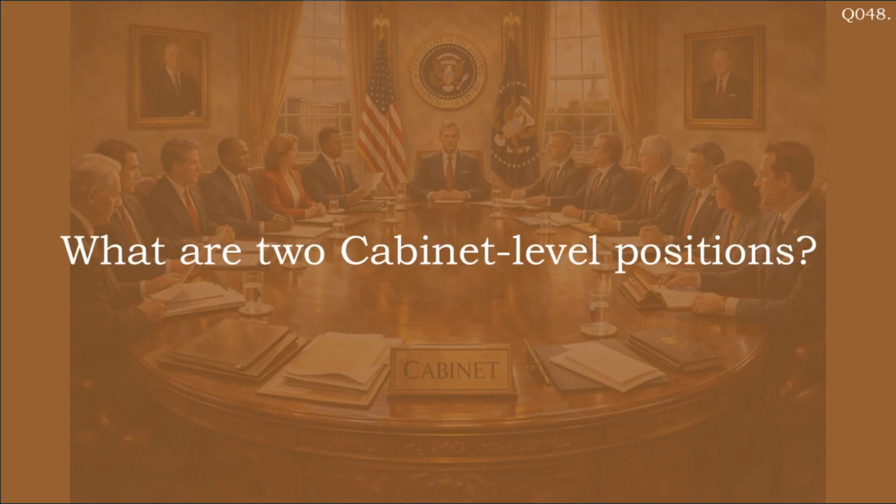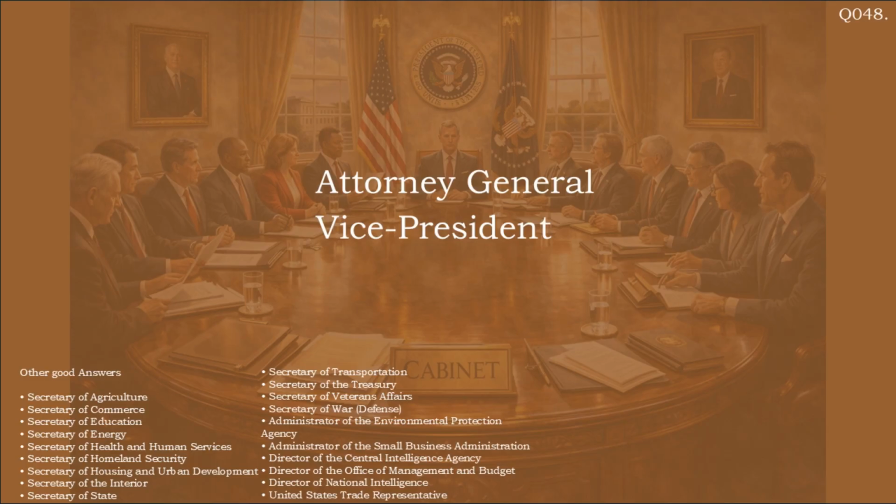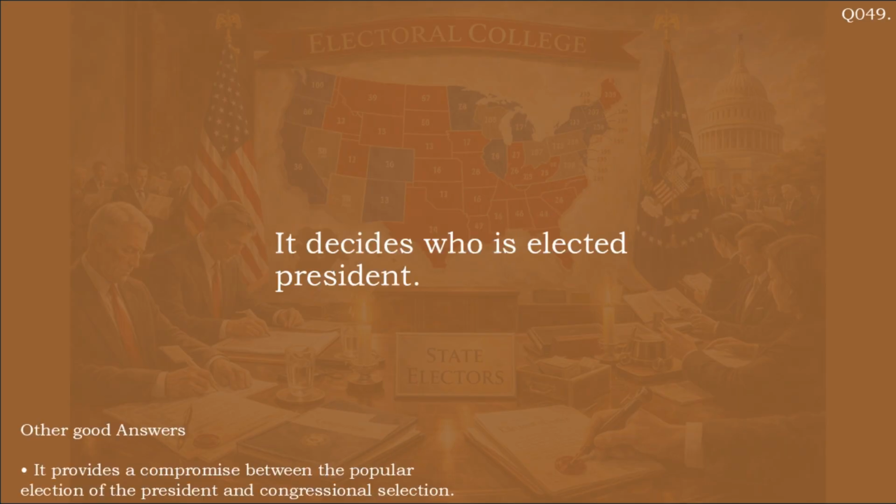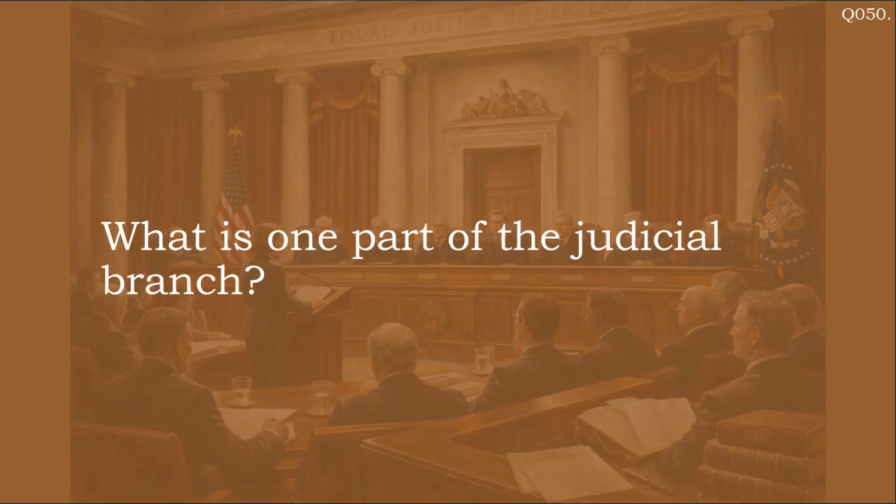What are 2 cabinet-level positions? Attorney General and Vice President. Why is the Electoral College important? It decides who is elected President. What is one part of the judicial branch?